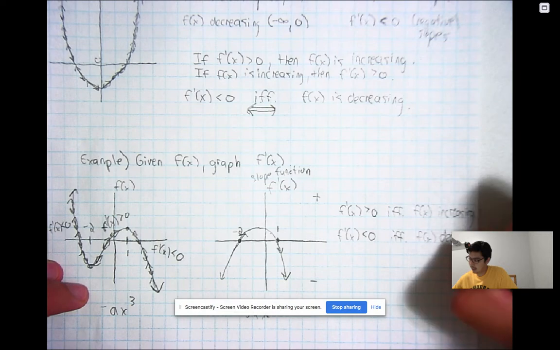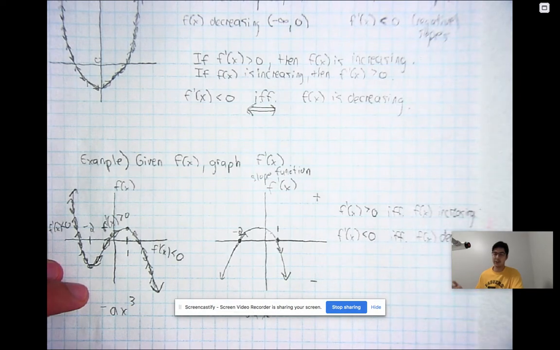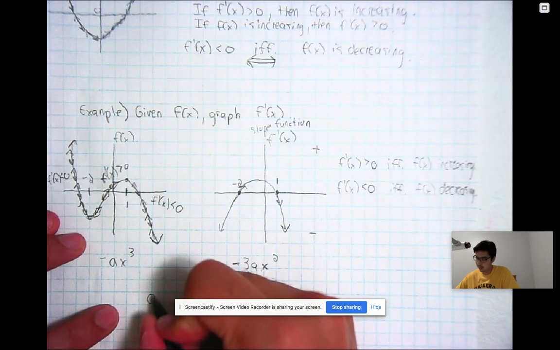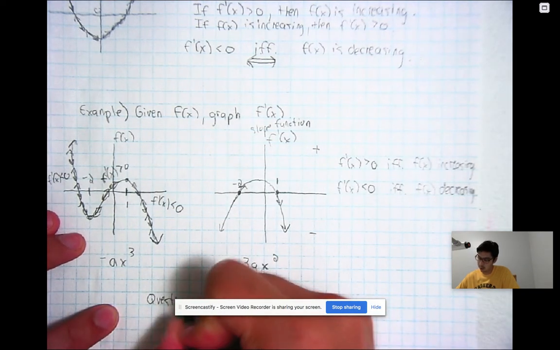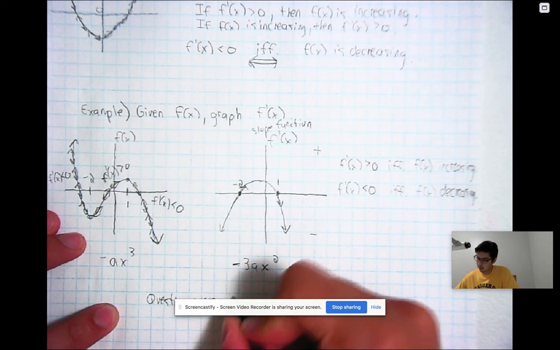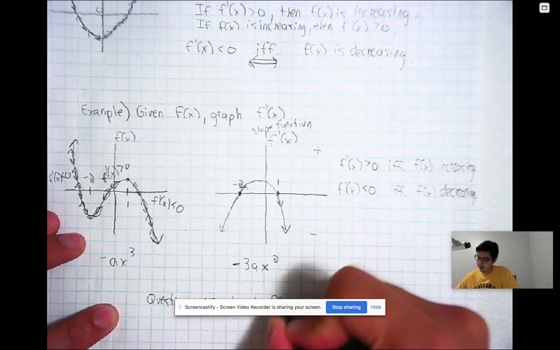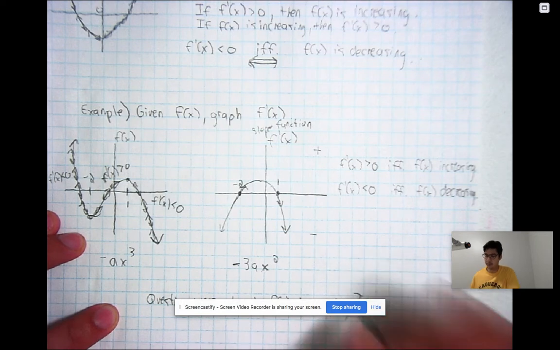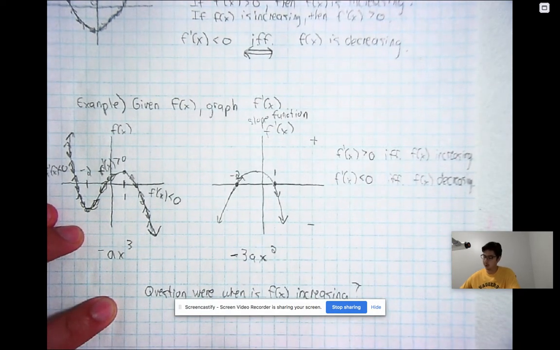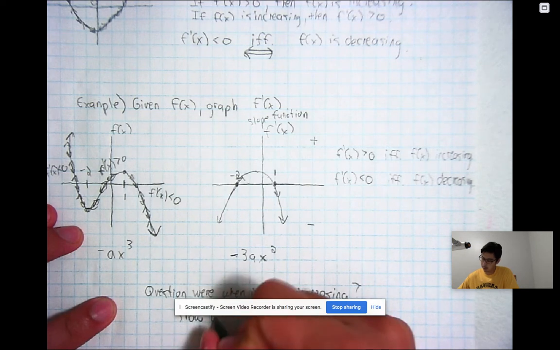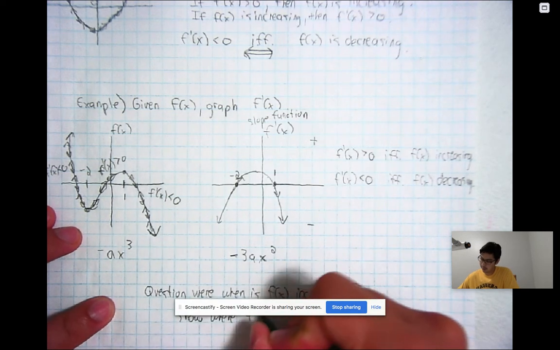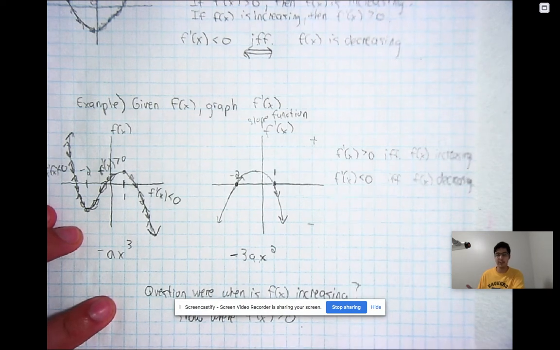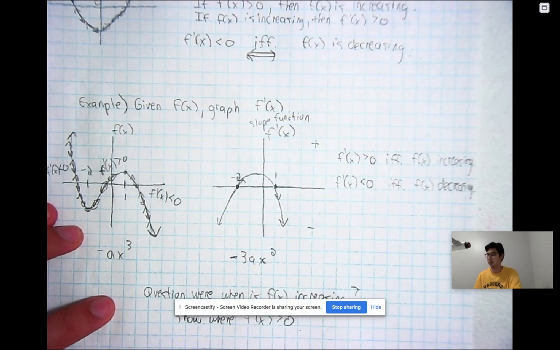And that's going to come in handy in the coming lesson or two, because if the question were, when is f of x increasing, what you would do is show where f prime of x is positive, because f of x increasing is equivalent to showing when the derivative is positive.